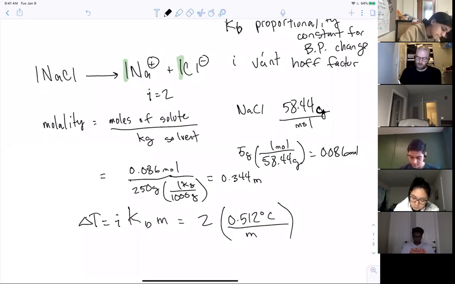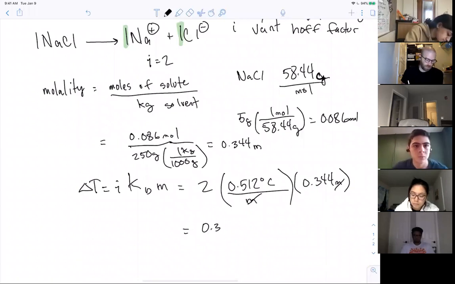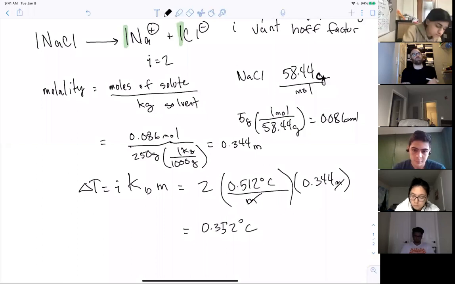Then we multiply this times the actual molality, and you see these units cancel out, and we come out with the temperature change. Assuming I did my calculation right, it's just 0.352 degrees Celsius.